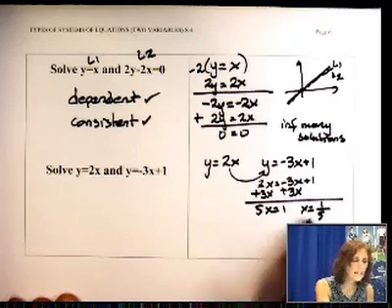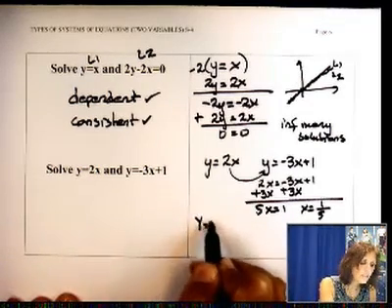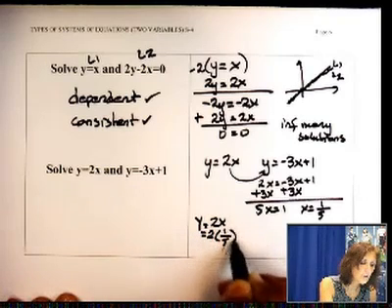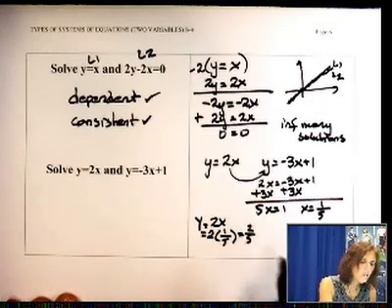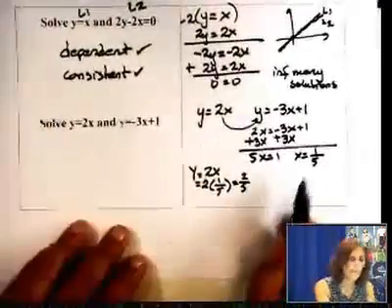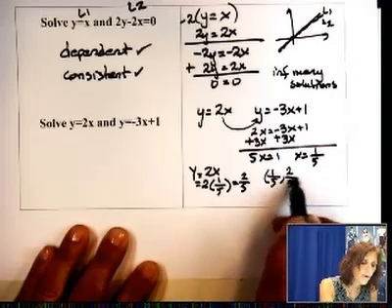Now let's take that x and put it where y is. y equals 2x, or y equals 2 times 1/5, which is 2/5. So I have one solution. My solution is 1/5, 2/5.